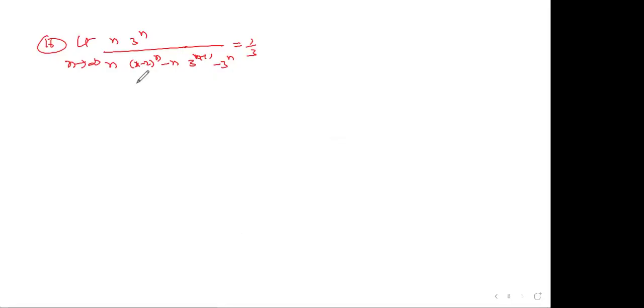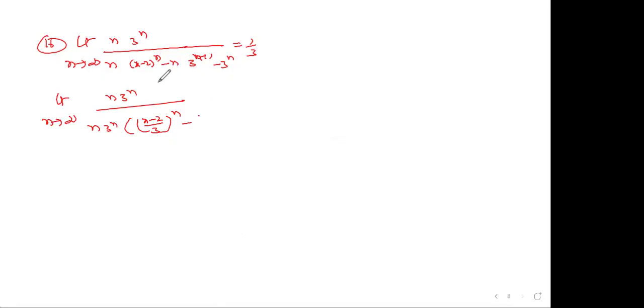Now the 16th question is interesting. We'll move on to the next one. Here I'm writing. The question is like this, guys. Very interesting here. What I'm doing, n 3 to the power of n is there. Here also I'm taking the same thing common. n 3 to the power of n I'm taking common. That means x by 2 by 3 whole to the power of n I have to write. Here what, 3, right?